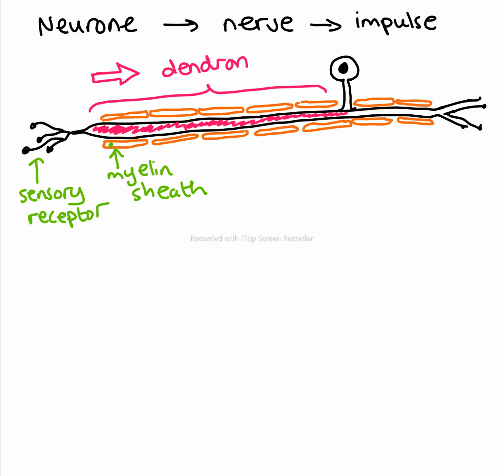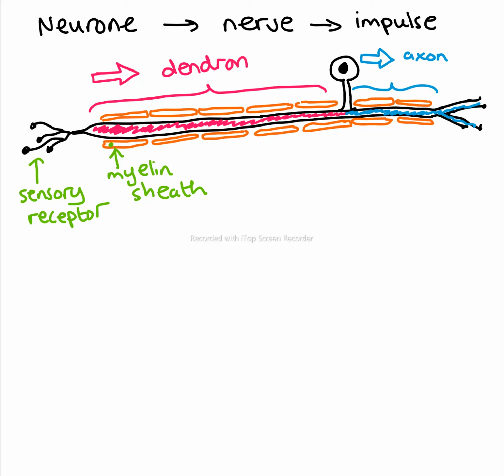Now the signal continues on, and as the impulse travels in that direction, that part is called the axon. So a signal traveling to the body is called a dendron, and a signal traveling away is called the axon.